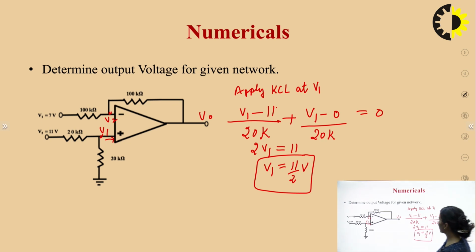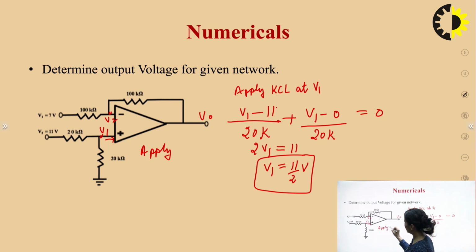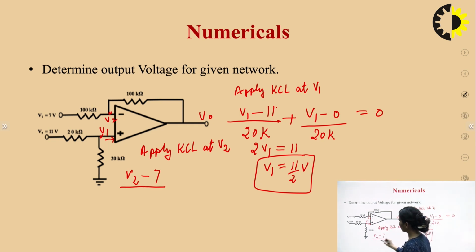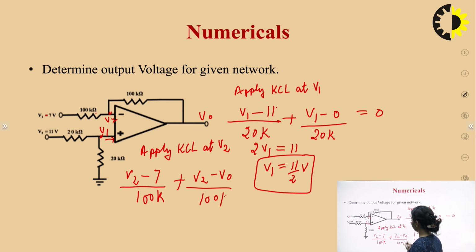Now let's apply the KCL at V2. Again V2 minus 7 volts upon 100k plus V2 minus 7 volts upon 100k plus another branch is V2 minus V0 upon 100k.